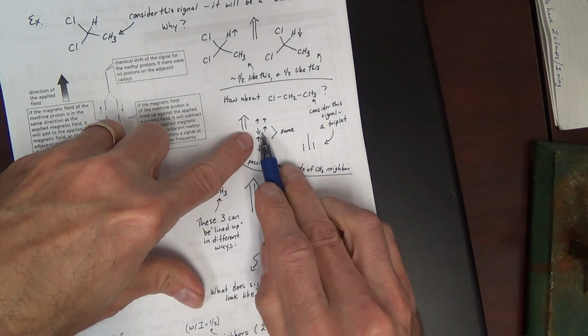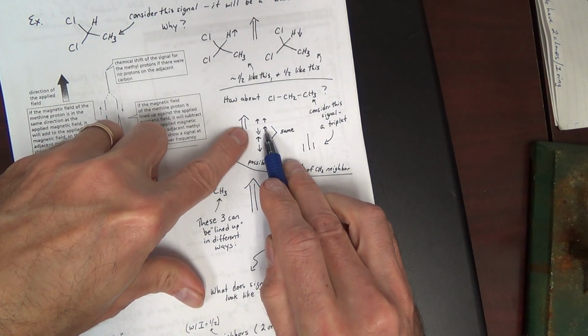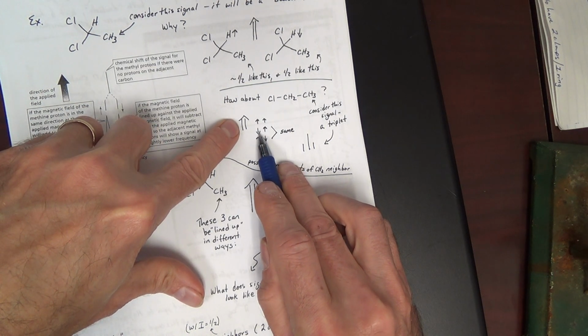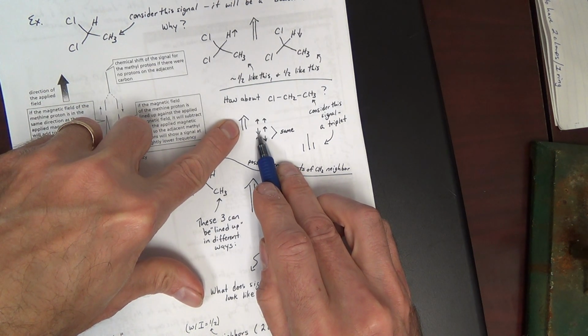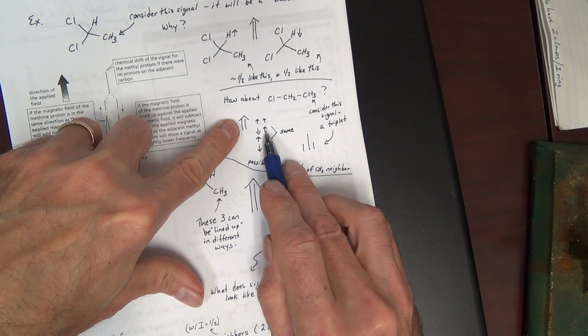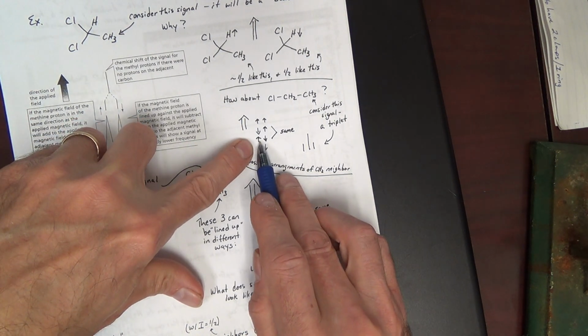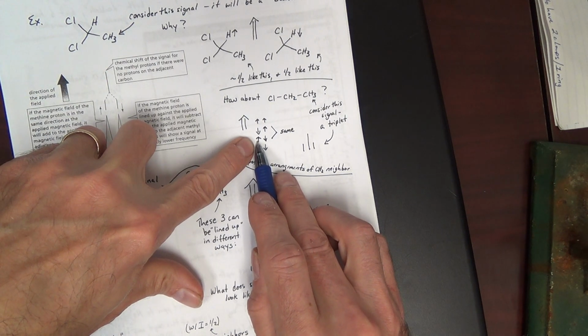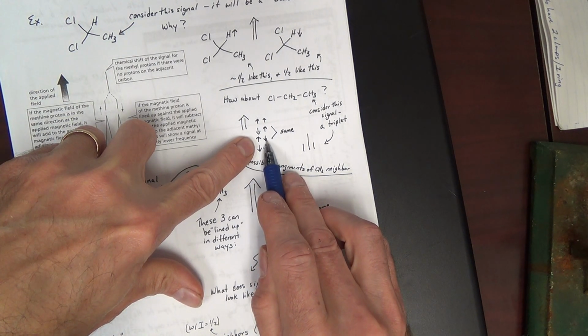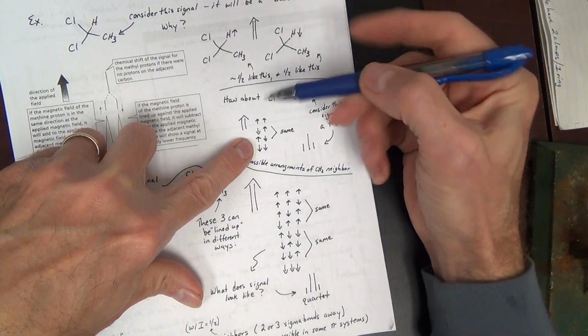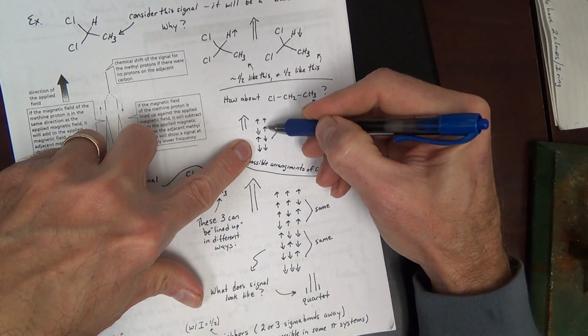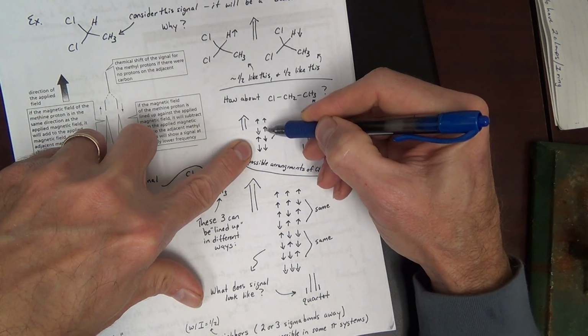We could also have one in line with the external field and the other opposing. But then this situation can be duplicated by having the other one in line with this one opposing. Basically, this situation here is twice as likely because there's 2 ways to achieve it.